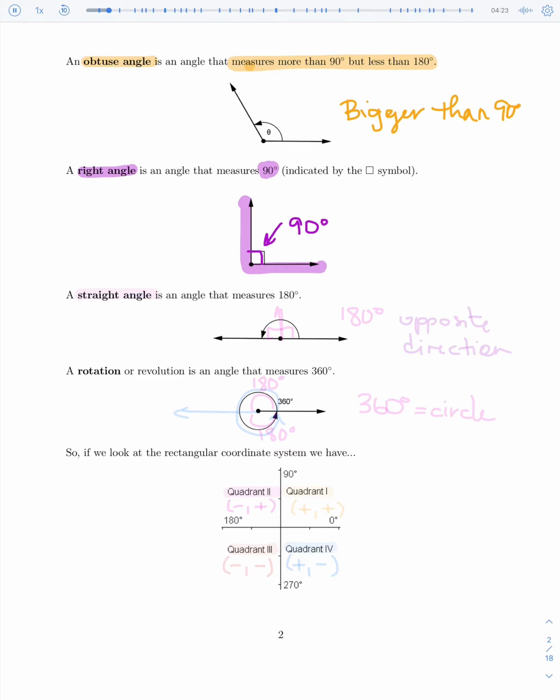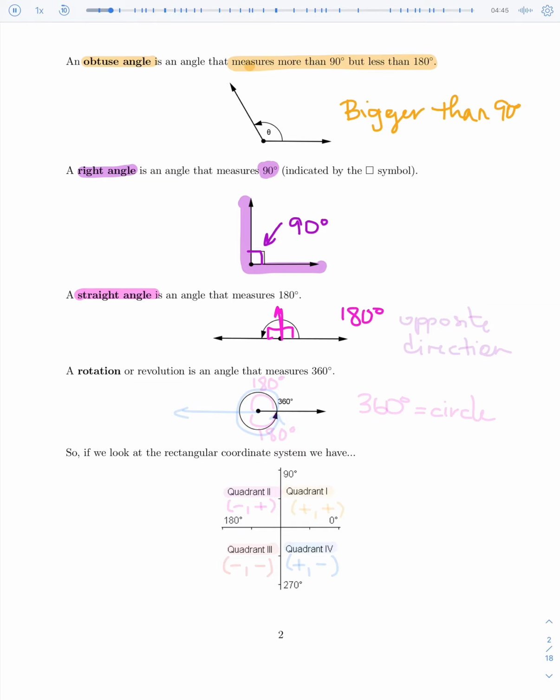When you have a straight line, you've got to think about it as if you put together two 90-degree angles, which means 90 plus 90 is a total of 180. So a straight angle has 180 degrees because it's two 90s put together.